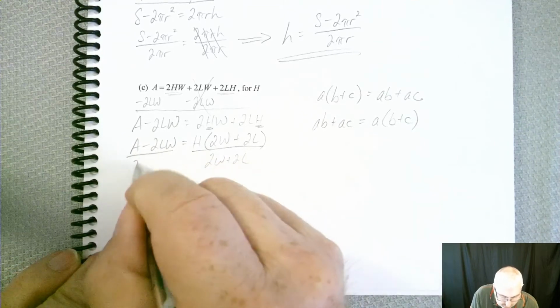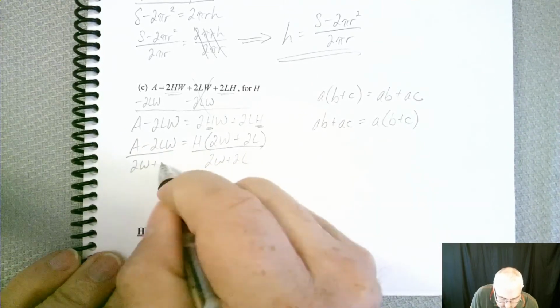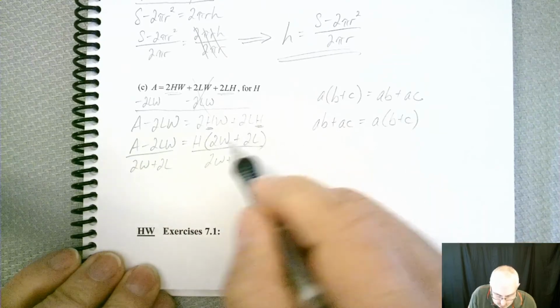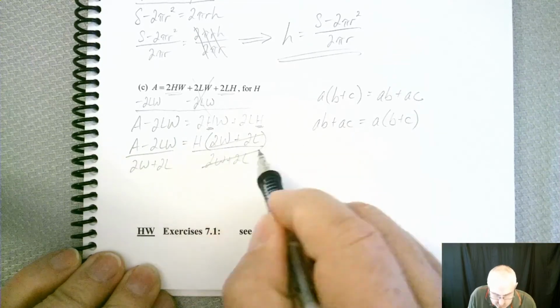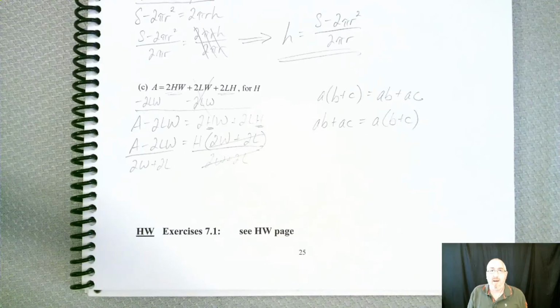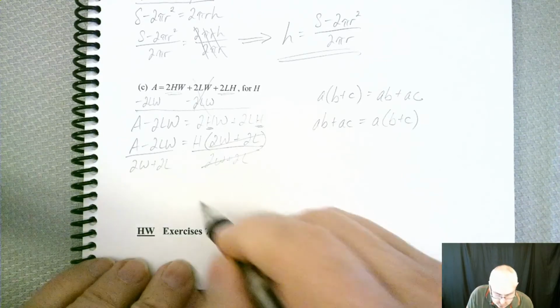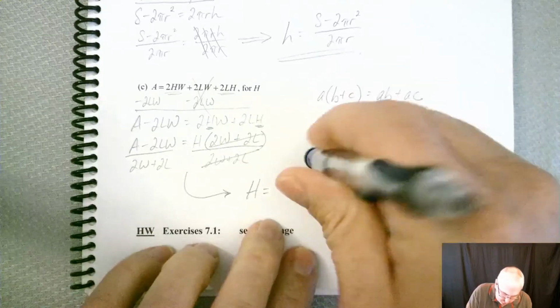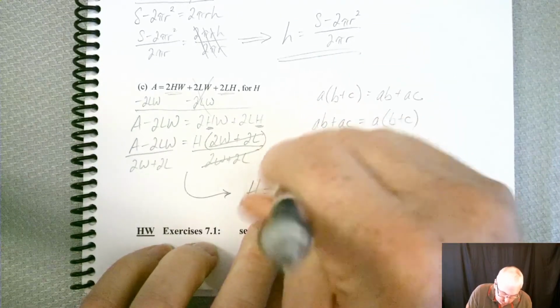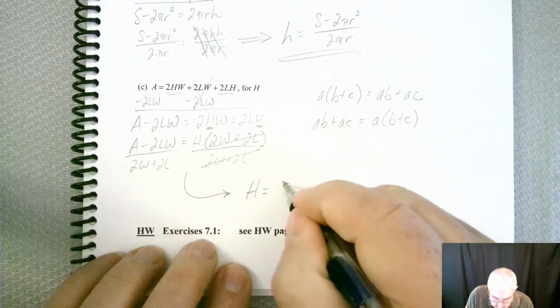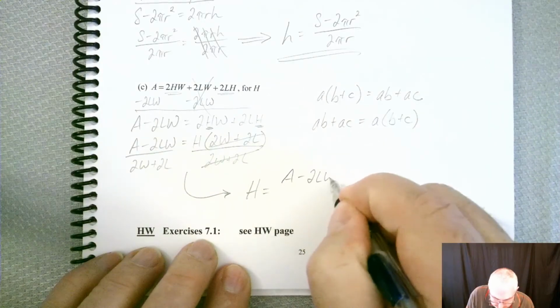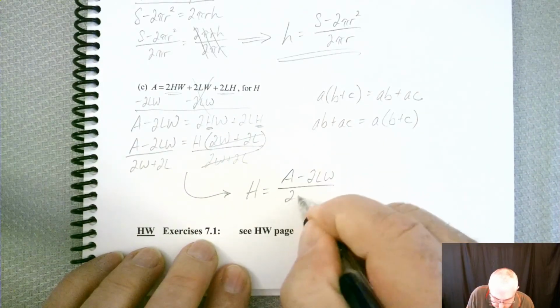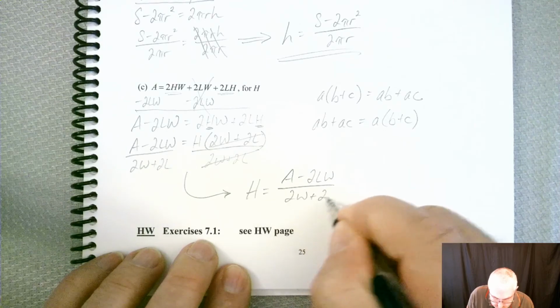And we got to divide it on both sides. So this whole thing cancels with this whole thing. And now we're home free. So we got h is equal to a minus 2lw all over 2w plus 2l.